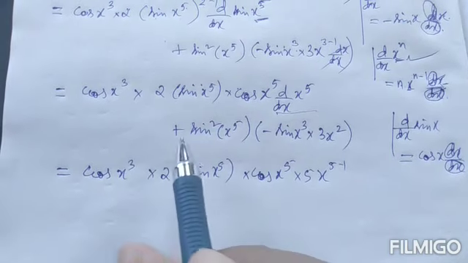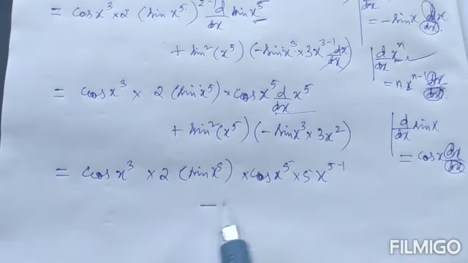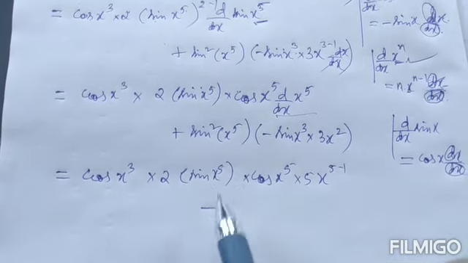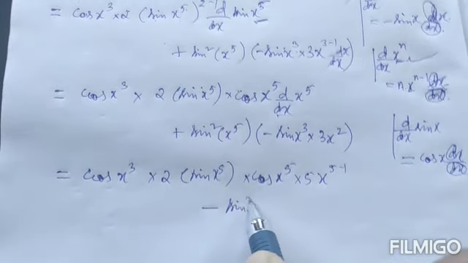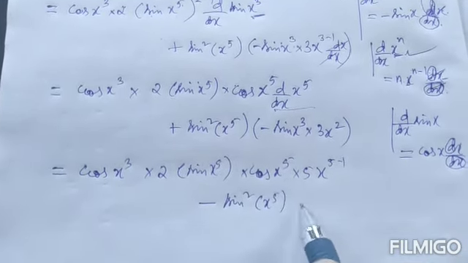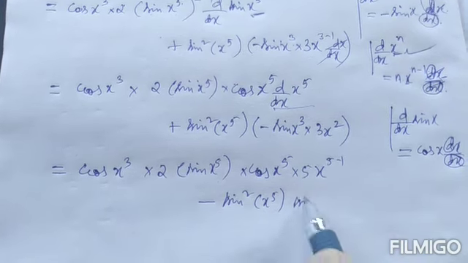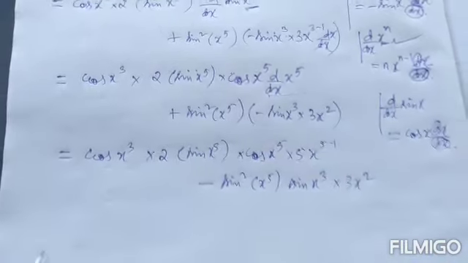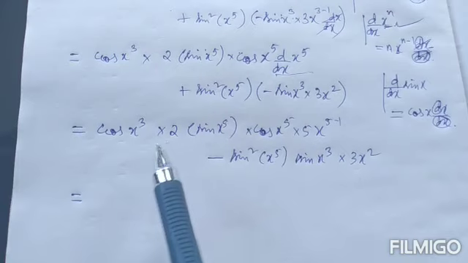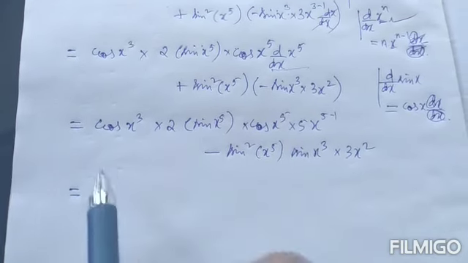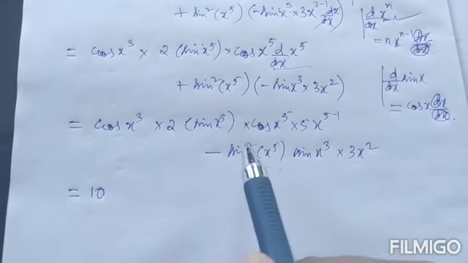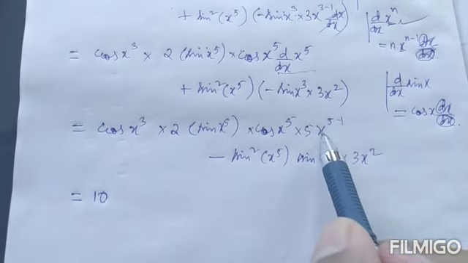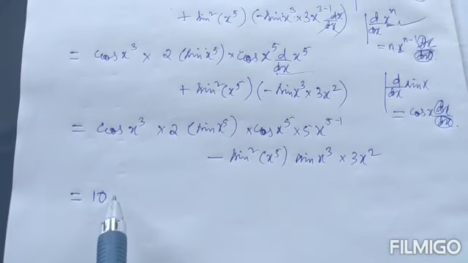Then in the next line, plus into minus, I'll have minus sin square x power 5, sin x cube into 3x square. Now I will arrange all the numbers. 2 into 5 will give you 10. First I'll write the x power 5 minus 1, that means I'll have x power 4.